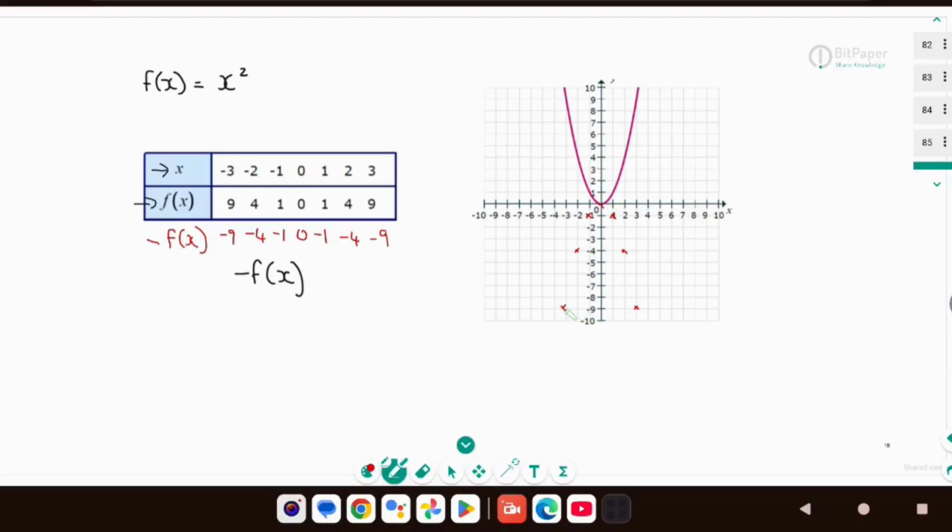As you can see, we have a reflection in the x-axis. So that is the effect of multiplying the function by -1.